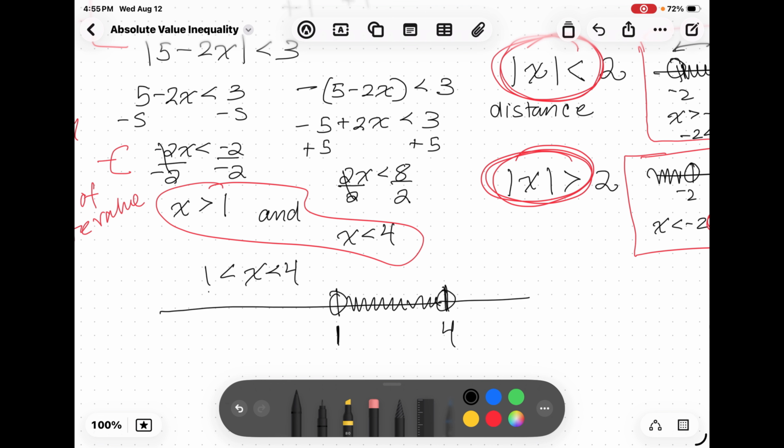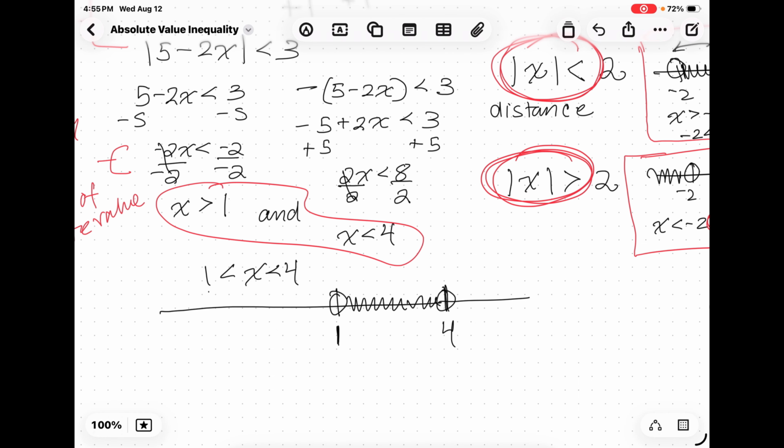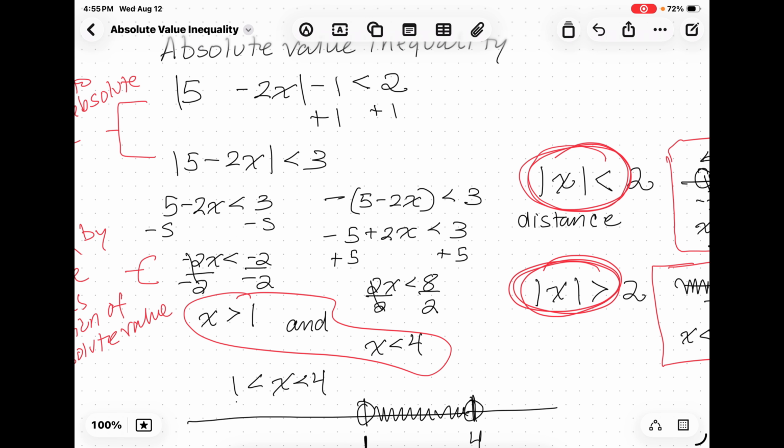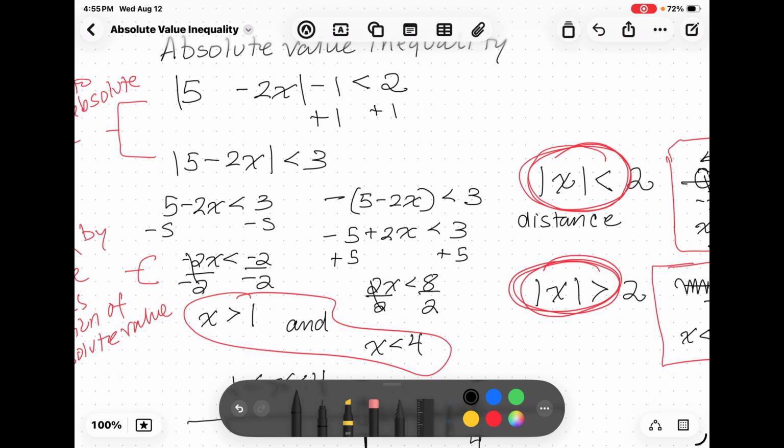Okay? So that should get you a start with absolute value inequality. There's more to do with it. Really, what's the more to do? We would want to look at all of the variations. So I would want to at least consider a couple more variations on this.